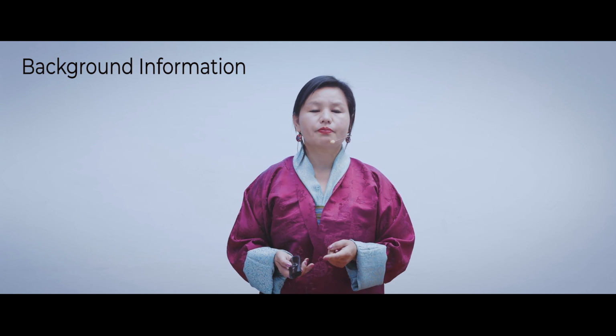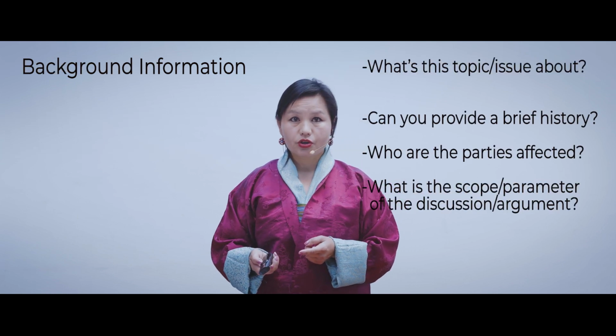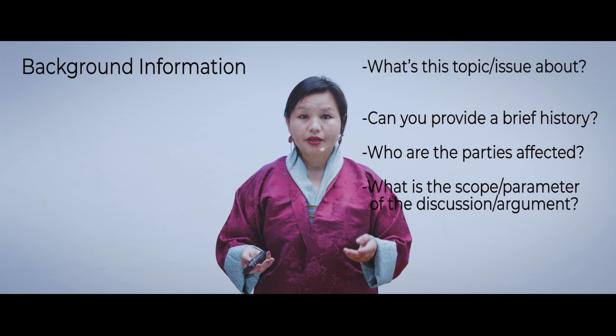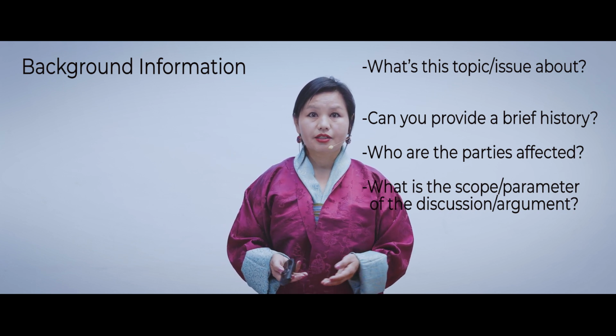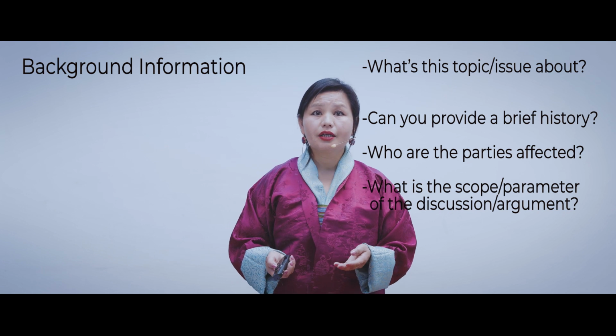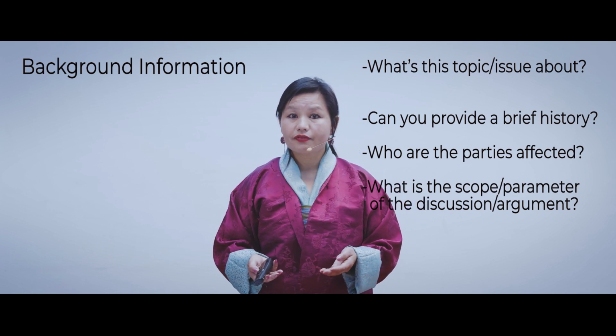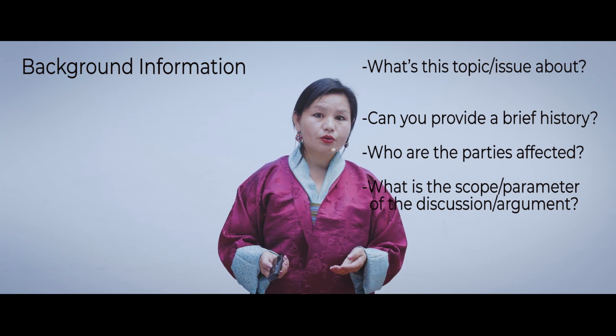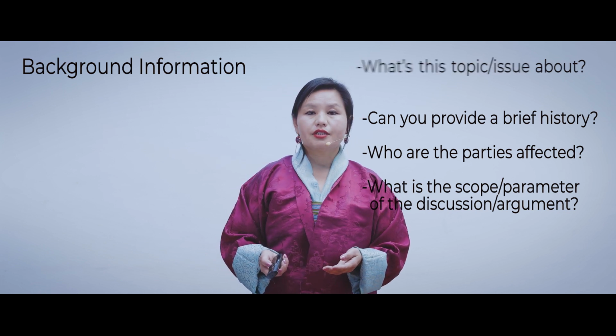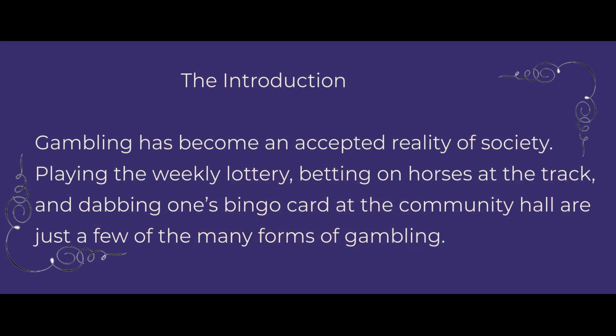Here you need to offer some background information about the topic, like what is this topic about, what is gambling all about, if you can provide a brief history about gambling, who all are the parties affected when you indulge in gambling, and what are some of the scope and parameters of the discussion or your argument. So this is what you could talk about in the introductory paragraph.